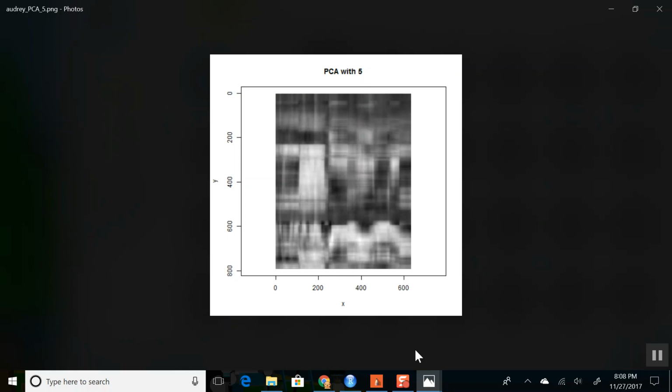So we're starting to get just a little bit more form here. And here's with 7, 8, 9, and 10, and at 10 a face-ish thing emerges in the image.